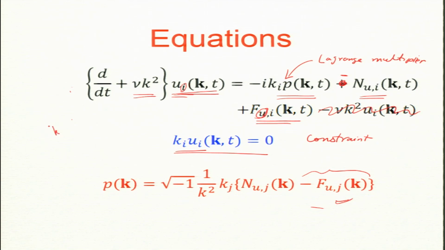Whatever k, every k has an ODE. Okay, and what are the terms? I am basically writing d by dt of u_i of k. It has 3 components, not all of them are independent. If I use Craya-Herring, then I have 2 which are independent, but we solve using Cartesian.